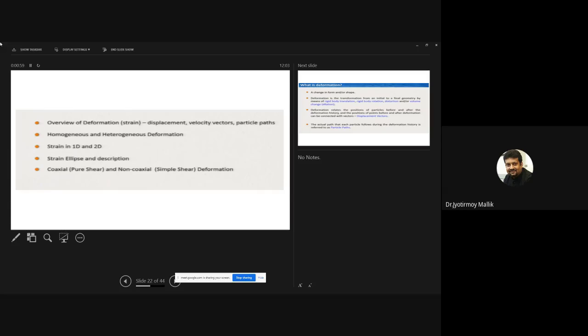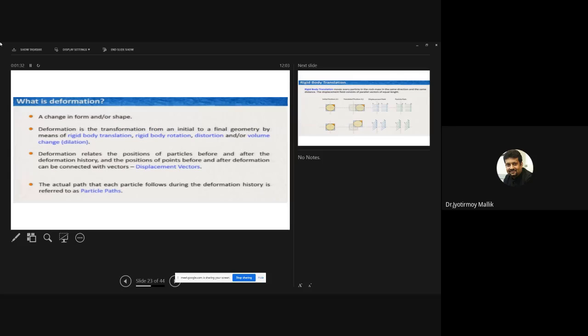We're going to describe strain with the help of something called the strain ellipse, and in the case of strain in 3D, the strain ellipsoid. And then we are going to discuss coaxial and non-coaxial deformation. Coaxial deformation is also called pure shear, and non-coaxial deformation is called simple shear. Okay, so as the time comes, we will discuss what exactly they are.